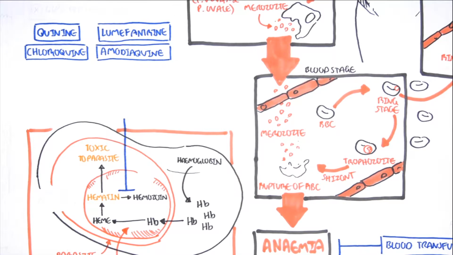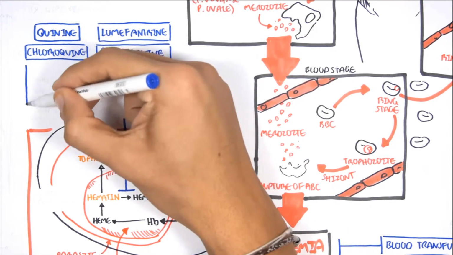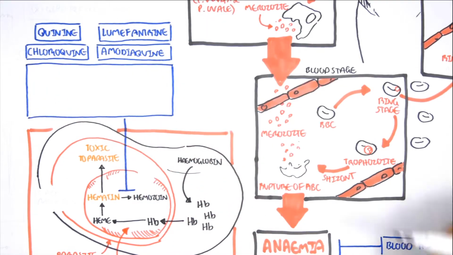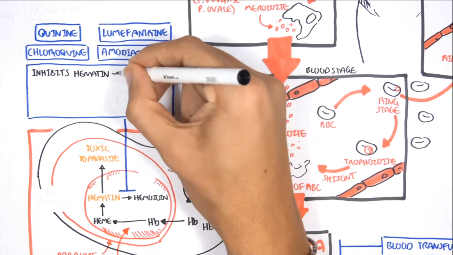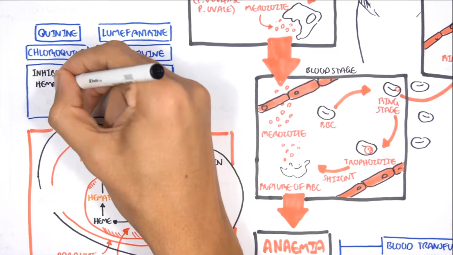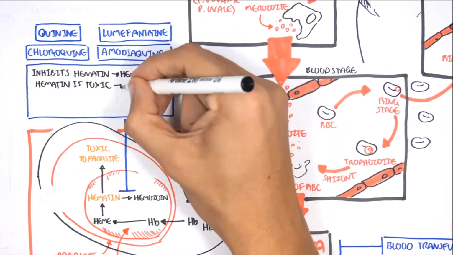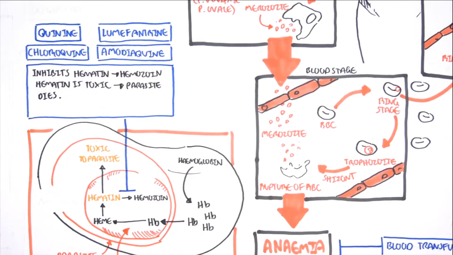I hope I pronounced these right. These drugs essentially inhibit hematin from becoming hemozoin. Thus, if hematin is not converted, it will be very toxic, because hematin is toxic to the parasite, and the parasite dies.